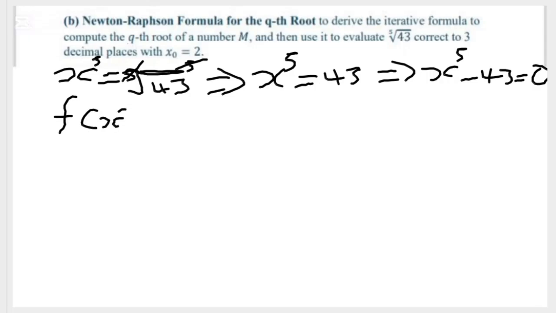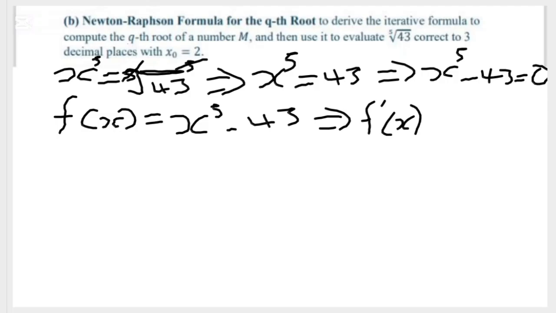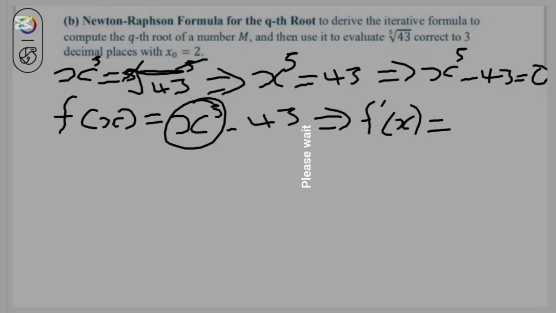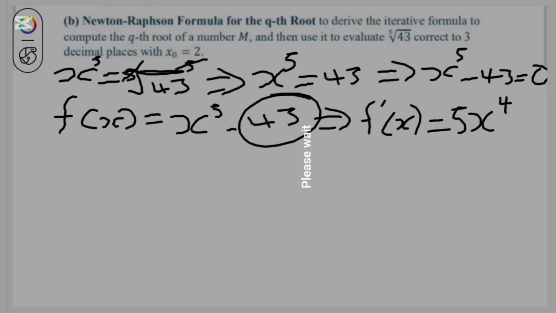The function f of x should now be x to the power of 5 minus 43. And therefore I'll find f prime, which is the derivative of the function. If I differentiate x raised to the power of 5, I get 5x to the power of 4. If I differentiate 43, the derivative of a constant is 0.